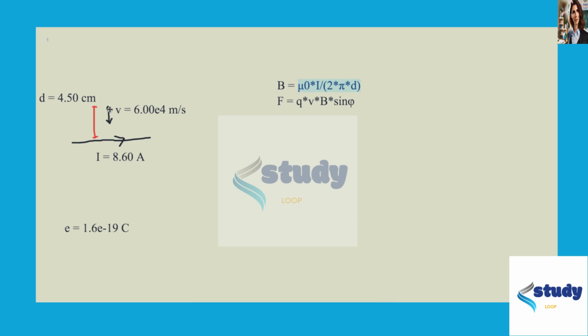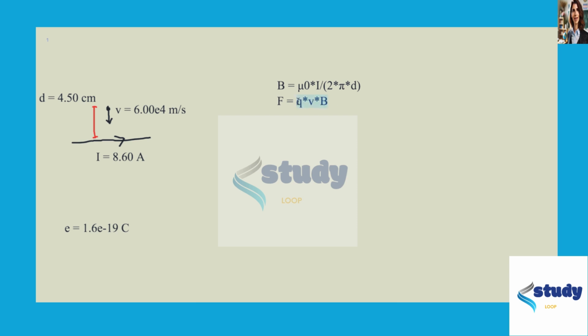And that means it's completely perpendicular to the velocity here. So the angle between the magnetic field and the velocity, which is pointing straight down, is going to be 90 degrees. So this sine here is going to be the sine of 90 degrees, which is actually just equal to 1. So we can just ignore that term for now.